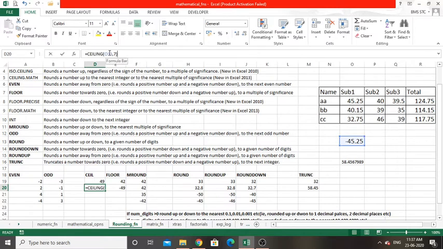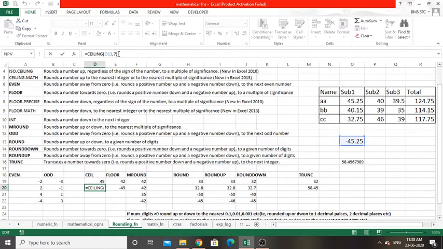It took a negative number, minus 45.25. The ceiling function will always perform a rounding up, toward positive values, and it will always consider a multiple of the significance value.